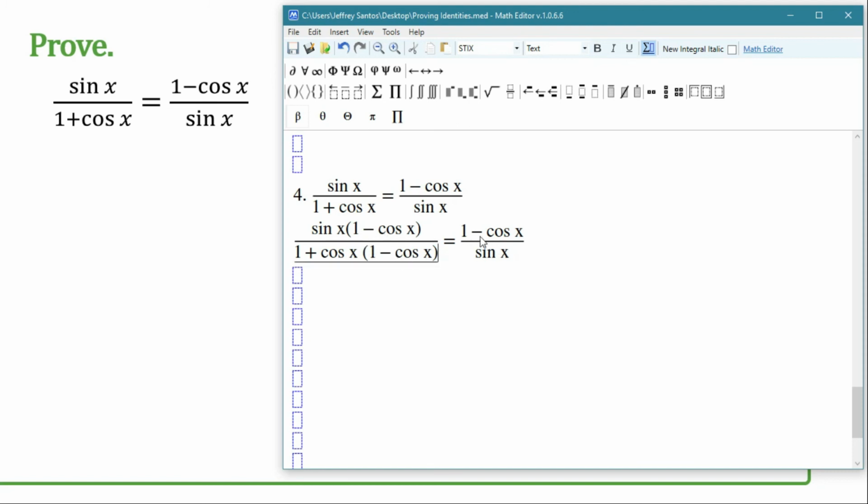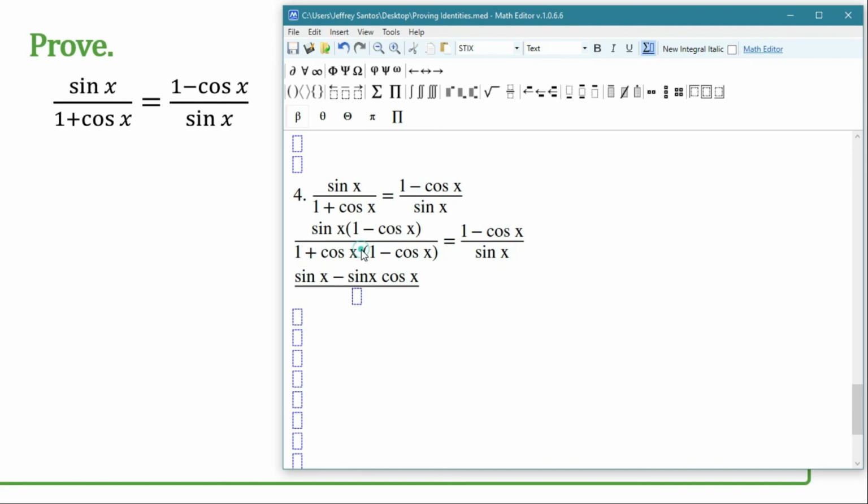And then what we're going to do is just to simplify this expression. Sine x times 1, that is sine x minus 1, that is sine x. And then sine x times negative cosine of x, that is negative sine of x cosine of x. Okay? Over what?